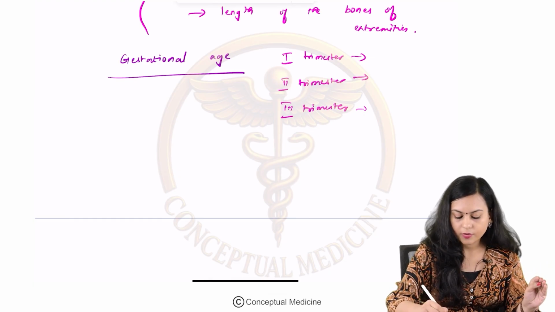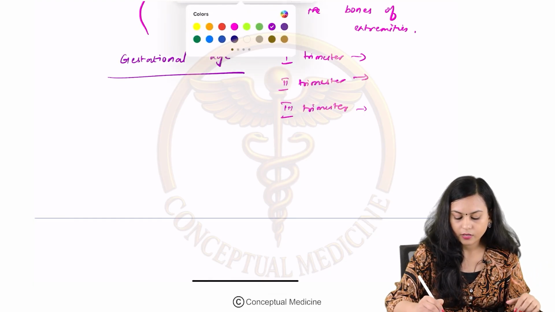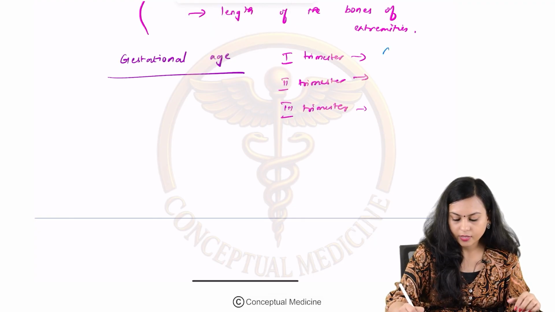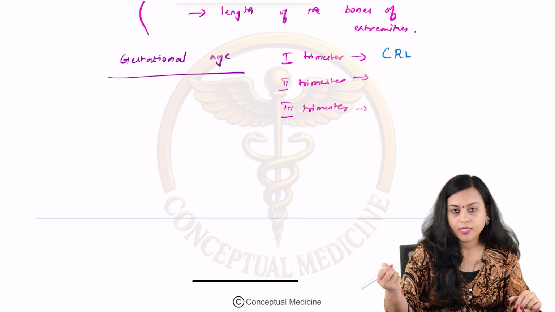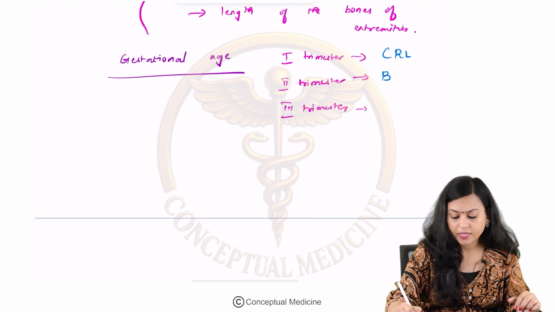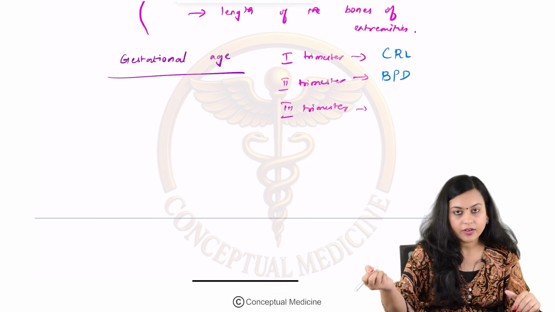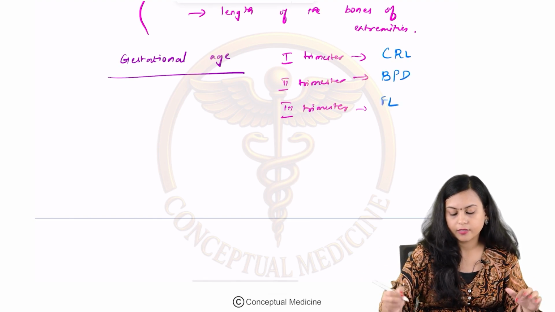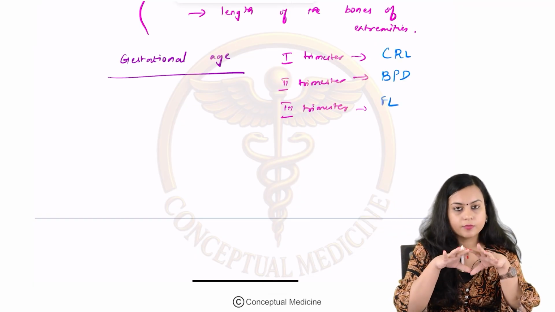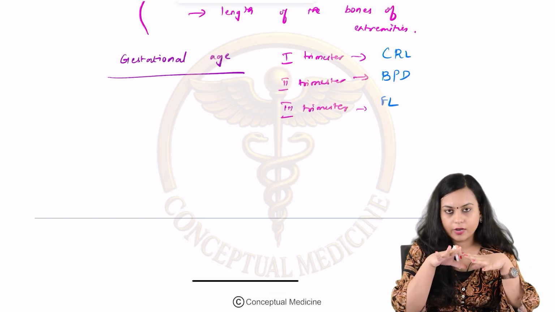In the first trimester using crown rump length, in the second trimester using the biparietal diameter, and in the third trimester we will be using the femur length. Okay.